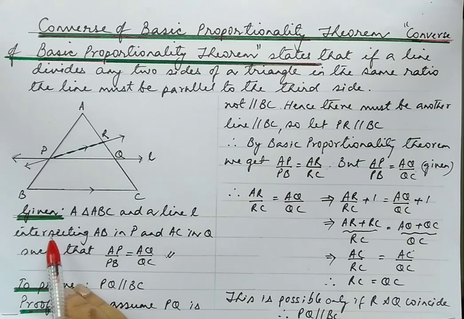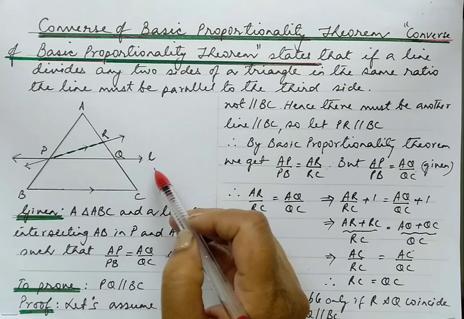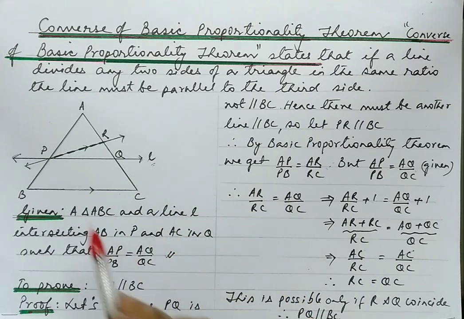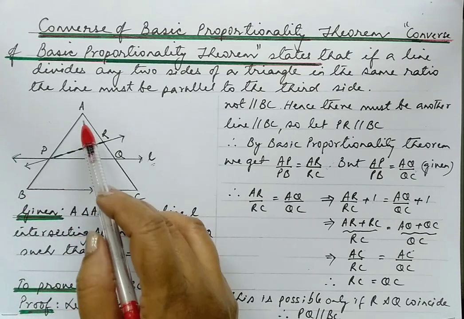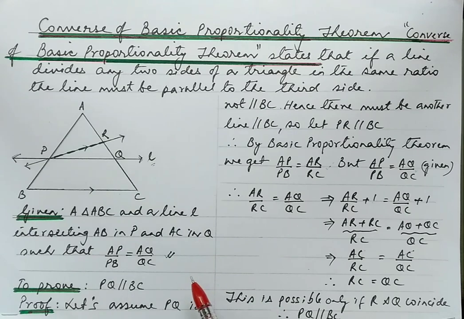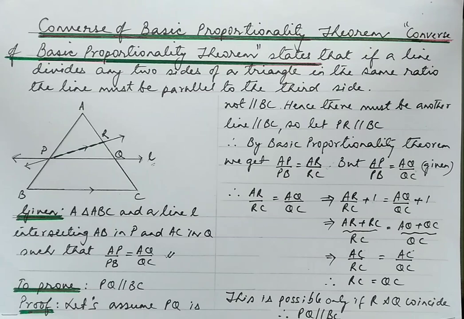As we can see in the given, a triangle ABC and a line L. This line L intersects AB at P and AC at Q, and makes sure that AP upon PB is equal to AQ upon QC. This is opposite to what we did in the basic proportionality theorem.